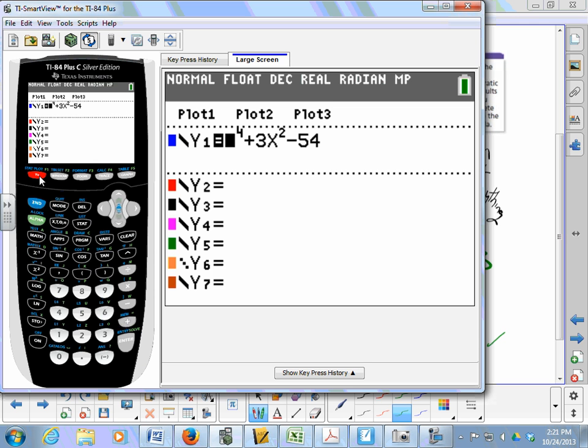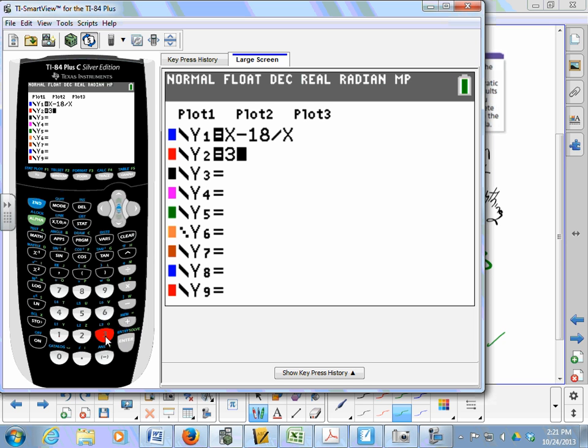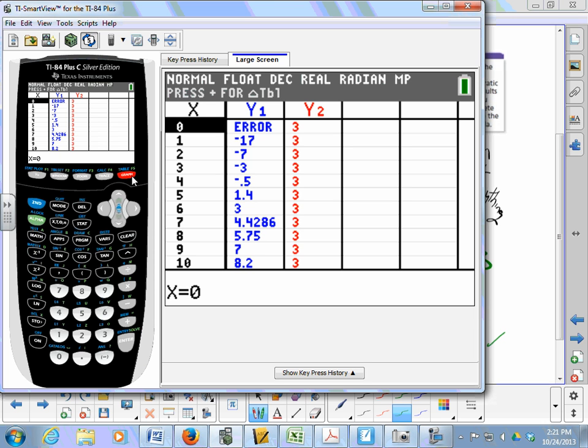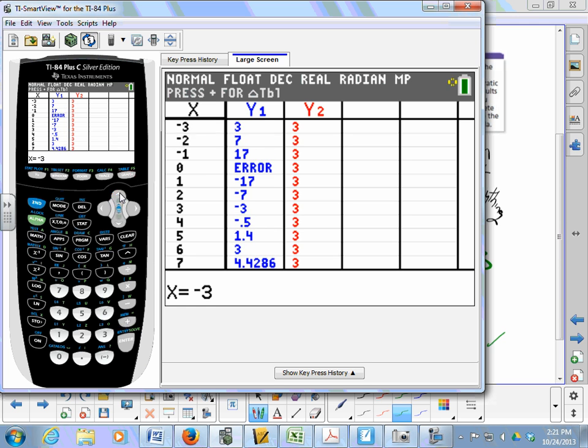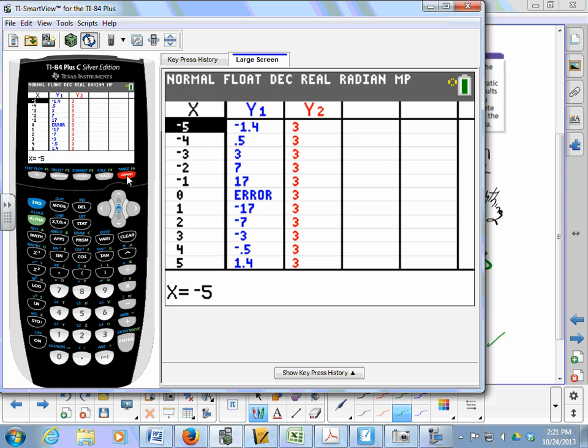I could verify my answer for sure here. What do we have? X minus 18 divided by x, and I want to know when that equaled 3. So I put the left side of my equal sign in y1, the right side in y2. And I could go to my table and look to see where they're the same. I can see they're the same at 6 and at negative 3. Or I could graph them.